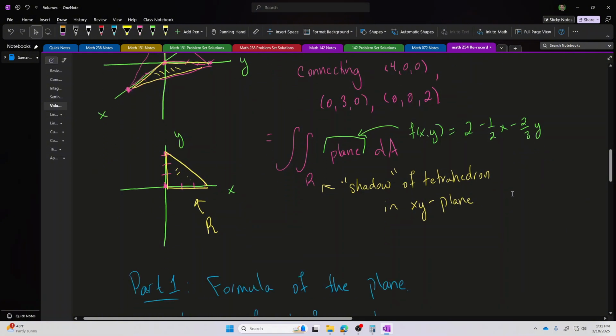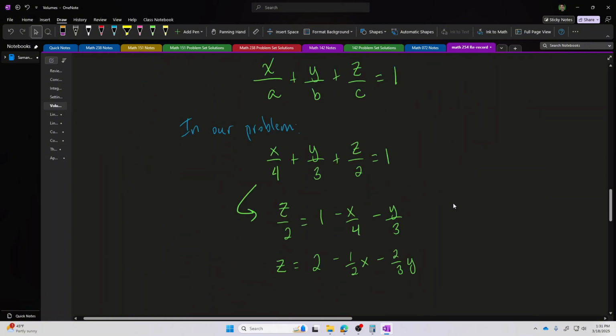Okay, now that I've figured out what I am integrating, the next step is to translate this region R into limits of integration for a double integral. So to that end, I'm going to have to decide first on an order of integration for this region.